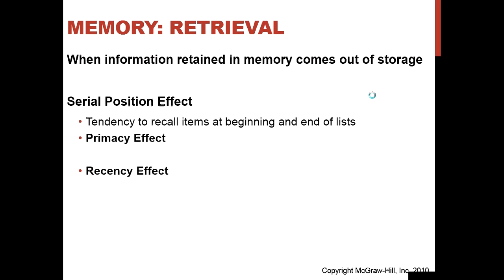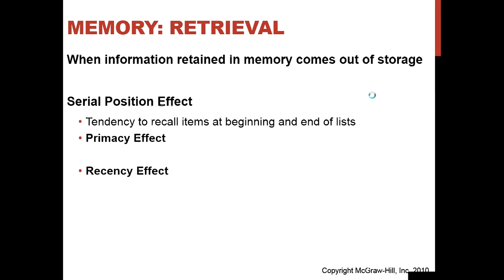Now, one of the ways that we can do that is by looking at something called a serial position effect. Now, depending on how information is stored, some information is going to come out of your brain or come up in memory sooner than other things, okay? So if I asked you, for example, what did you do last week?